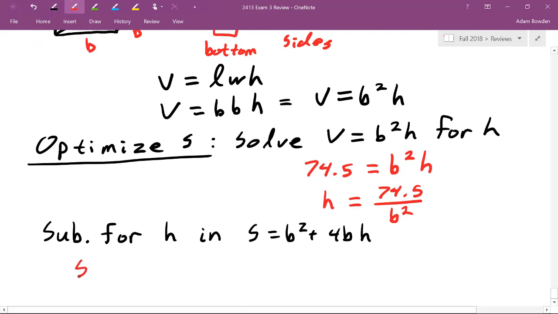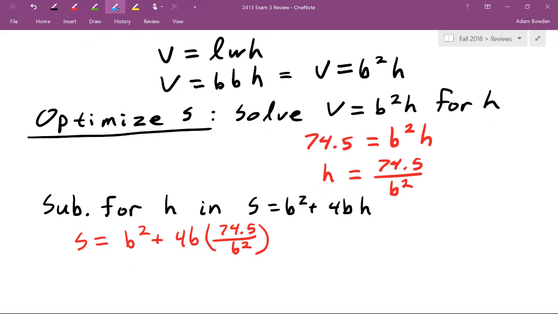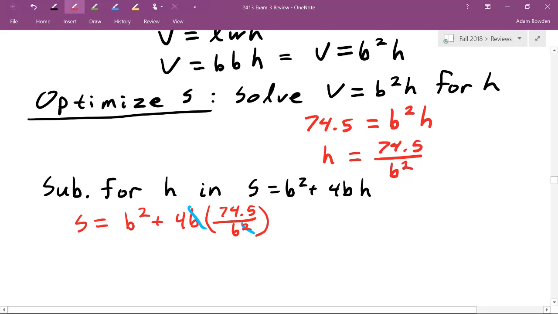So that gives us S is equal to B squared plus 4B times 74.5 all over B squared. This reduces by one factor of B. We then have S is equal to B squared plus, and I multiply the 4 times the 74.5 to get 298 divided by B.